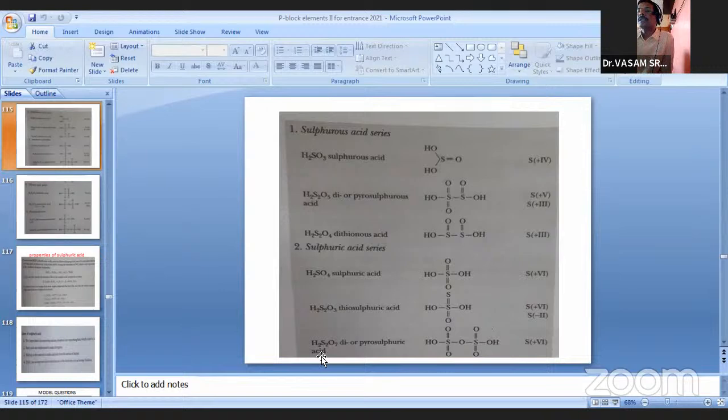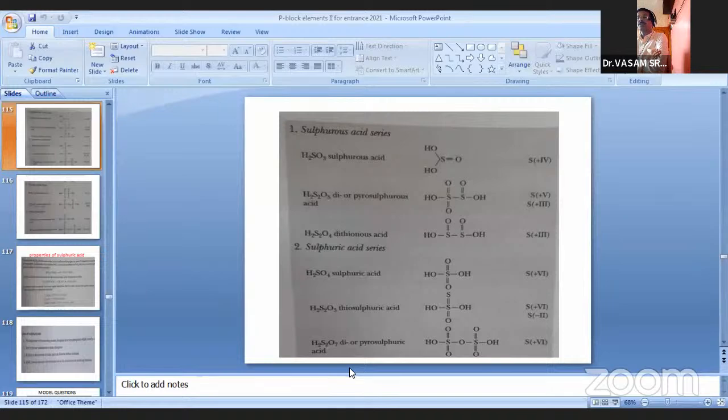And another one is H2S2O7. This is called pyrosulfuric acid. Generally we call it oleum, and another name is fuming sulfuric acid. So sulfuric acid, pyrosulfuric acid, or oleum, or fuming sulfuric acid. You see the structure, this acid contains a bridge bond, an SOS bond.